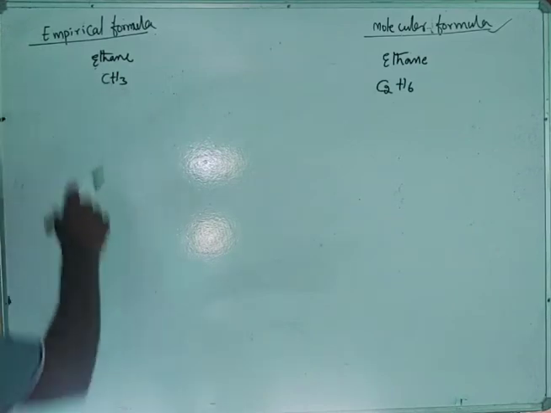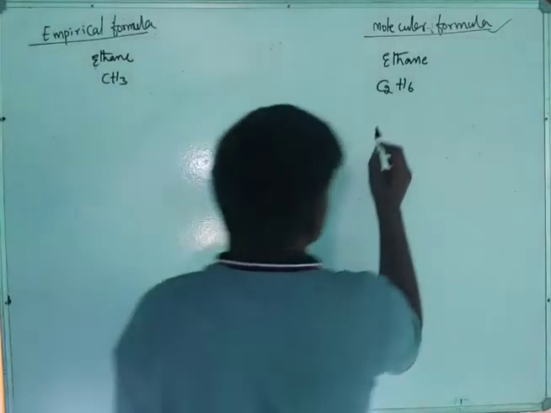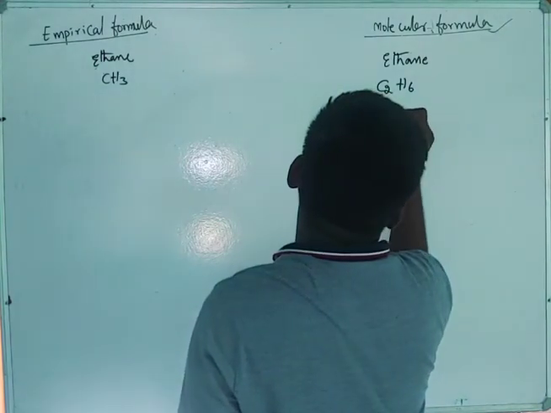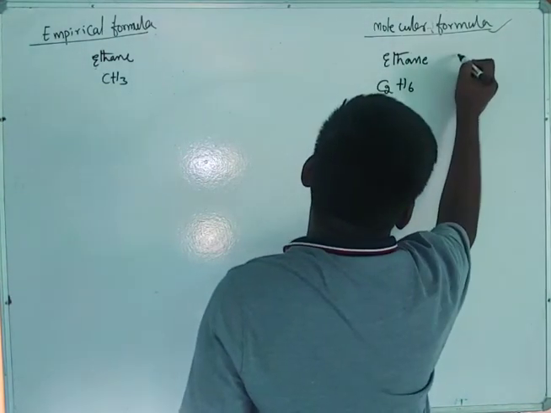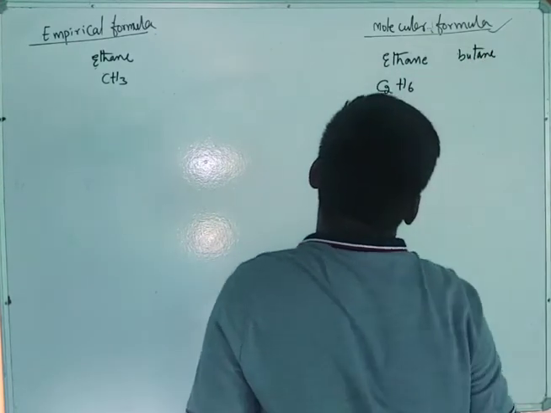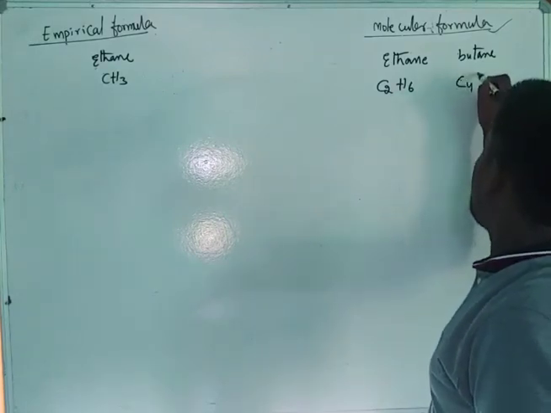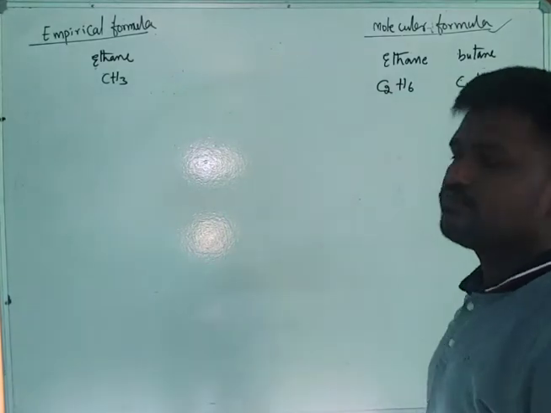I will define what is this empirical formula. Just I am giving examples. And next, let me take one more example, that is butane. Now the butane molecule contains C4H10.